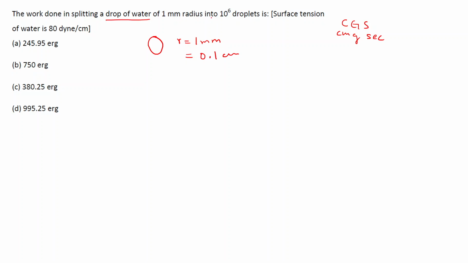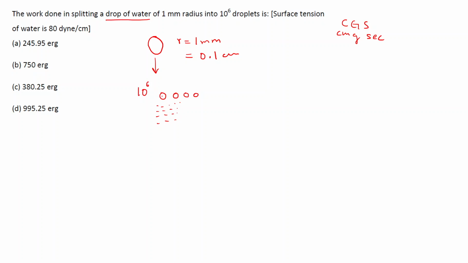So the drop of water splits into 10 to the power 6 number of drops. This is the number of droplets.